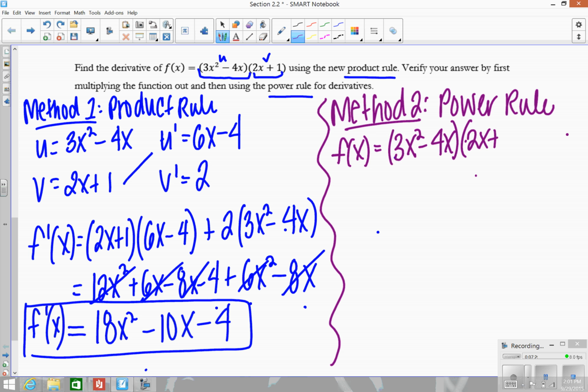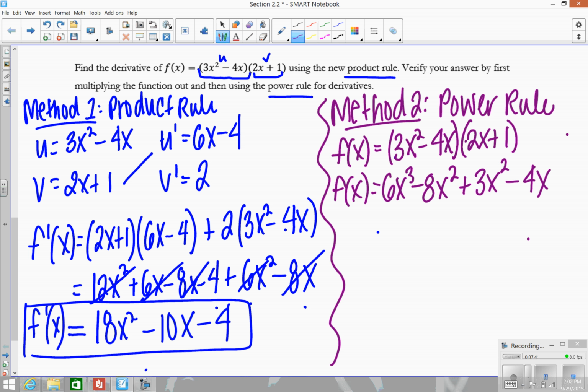And then I would have to actually multiply this out because you can't apply the power rule until you have those individual terms. So multiply this, you get 6x to the third minus 8x squared plus 3x squared minus 4x. And then you can combine like terms.